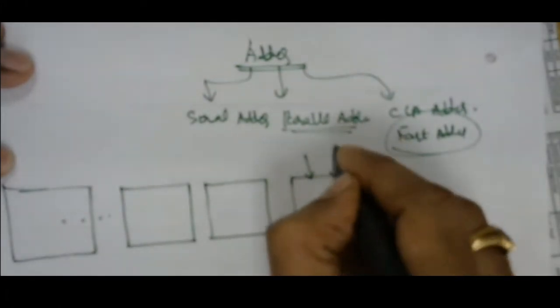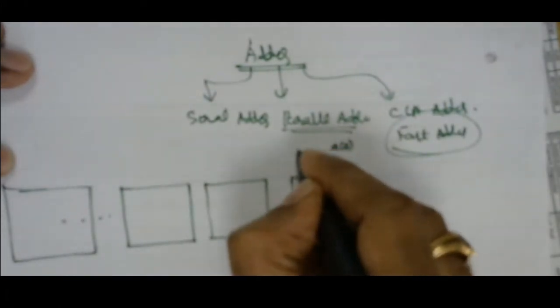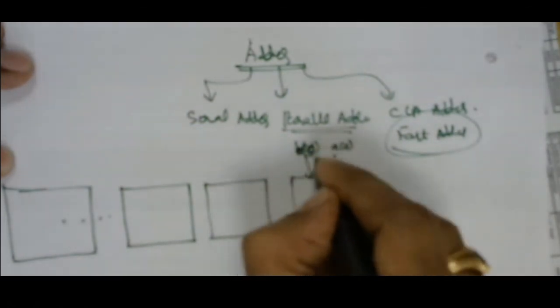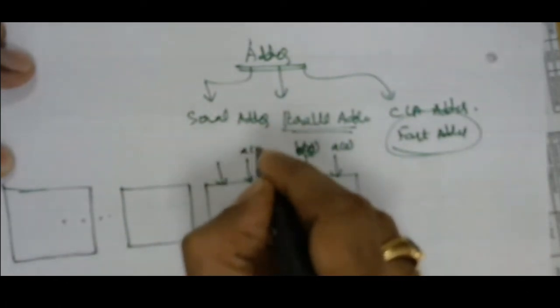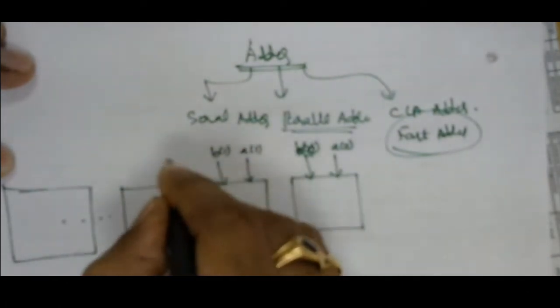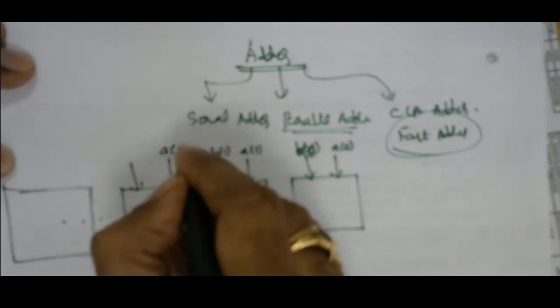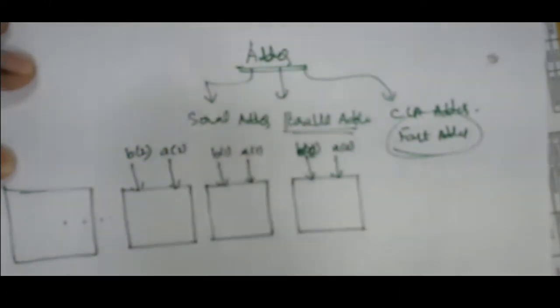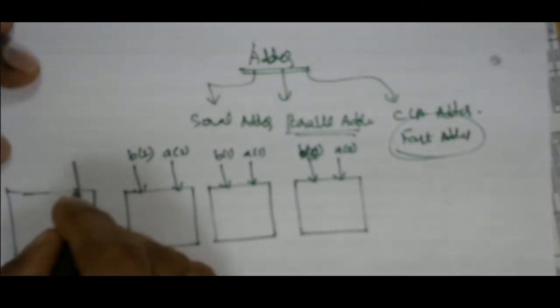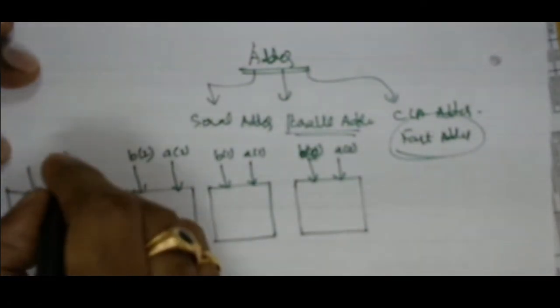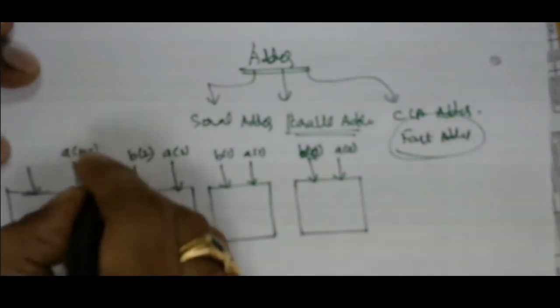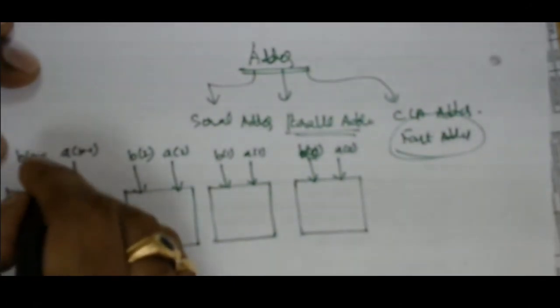This is A of 0, this is A of 0, B of 0. A of 1, B of 1. A of 2, B of 2. And finally here A of n minus 1, B of n minus 1.